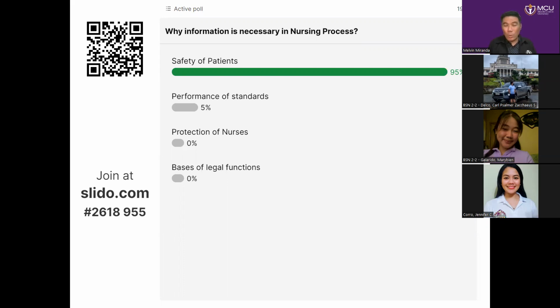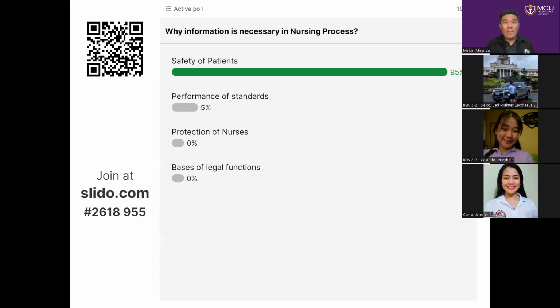So is information necessary for the protection of nurses? It's because you also need to take into consideration that everything you decide is within the standards, because you want to protect yourselves from committing errors, or this could also be a prevention for yourselves as well.